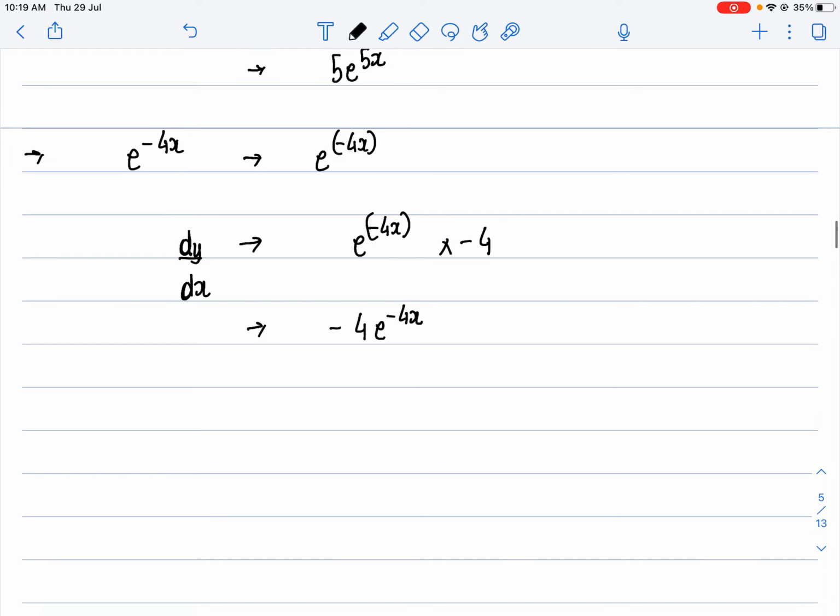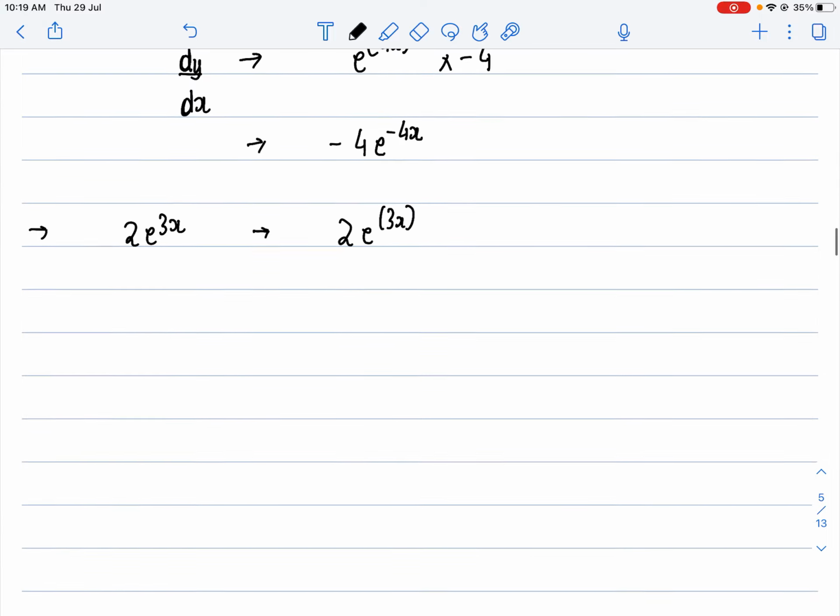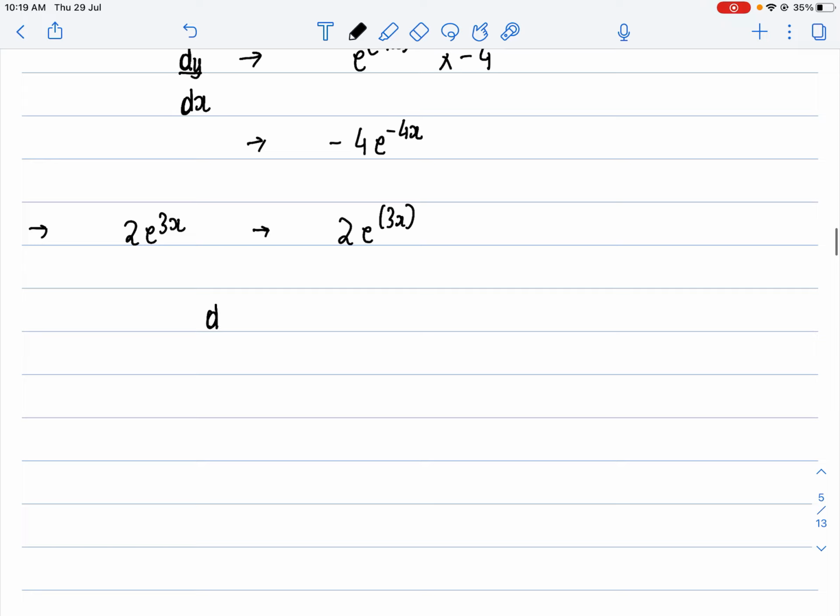Now, let's say I get something like 2 e raised to 3x. First I can write this as 2 into e raised to the bracket 3x. Now for dy by dx, keep the constant 2 out as it is, multiplied by the differentiation of e, which is the same.